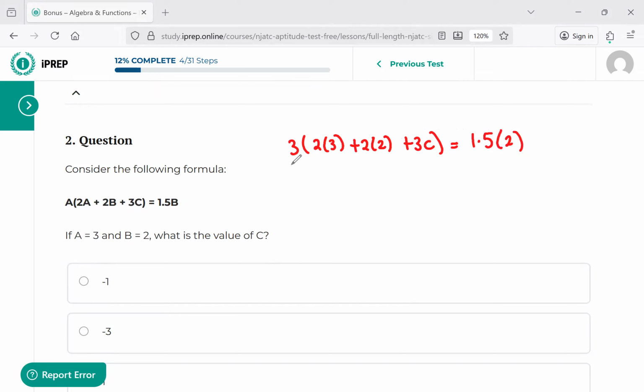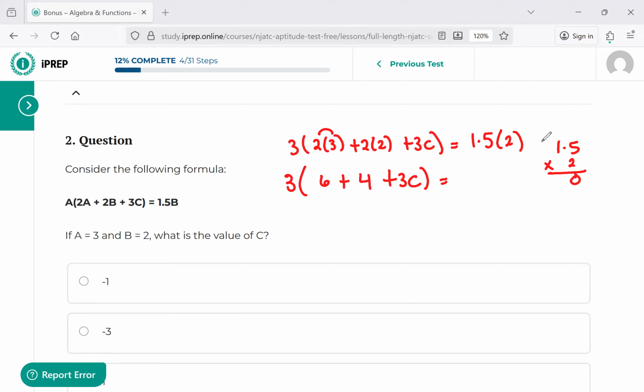Okay, so this is 3, and then what you've got to do is clean this up. 2 times 3 is 6, plus 2 times 2 is 4, plus 3C equals 1.5 times 2. 1.5 times 2, if you don't know how to do that, it's like this.